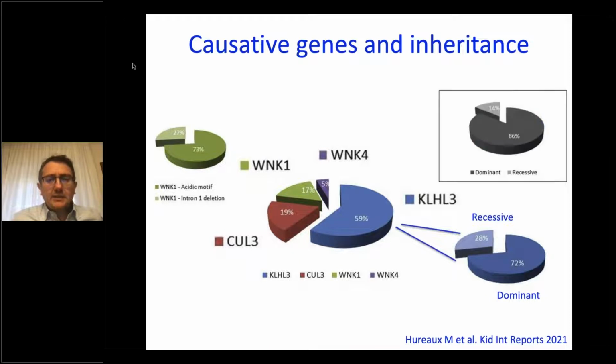The inheritance pathway is mainly autosomal dominant, as you can see, 86% of patients presenting autosomal dominant inheritance, and KLHL3, this pie in blue, is the dominant gene involved, and this can lead also to a recessive form, while CUL3, WNK1, and WNK4 have an autosomal dominant inheritance mainly.